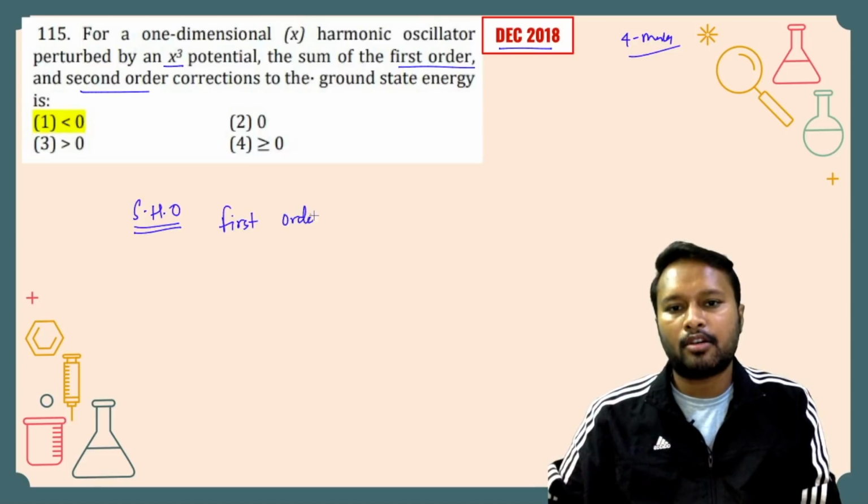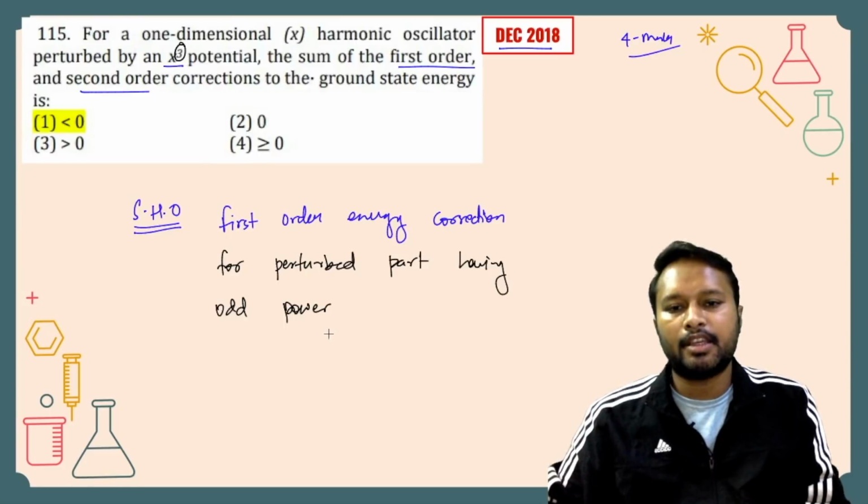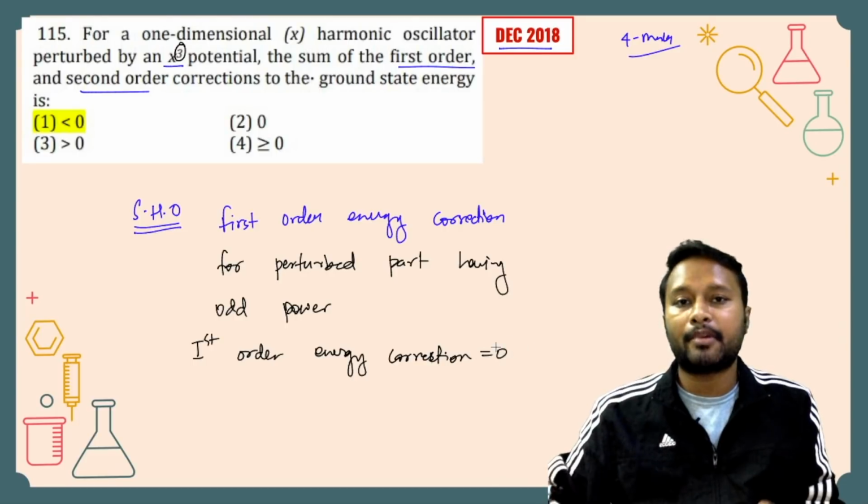If you are doing the first order energy correction for a perturbed part having an odd power, if the power of the perturbed part is odd, which here is 3, in that case the first order energy correction is always 0. Remember this thing.